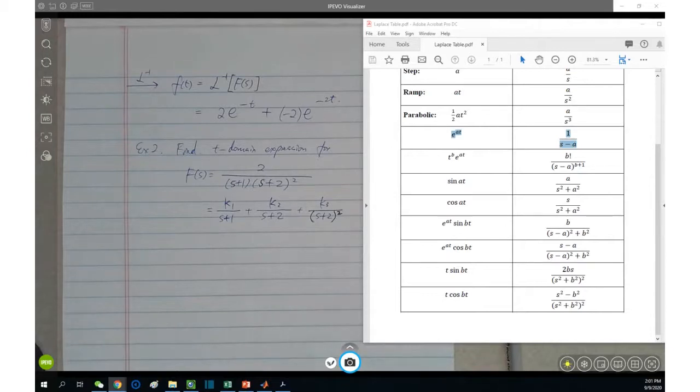And if you're done with the partial fraction, feel free to move forward to conduct the inverse Laplace transform. Two steps, remember.